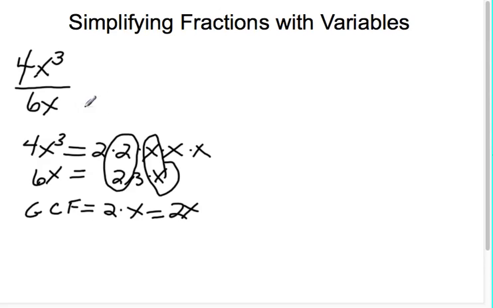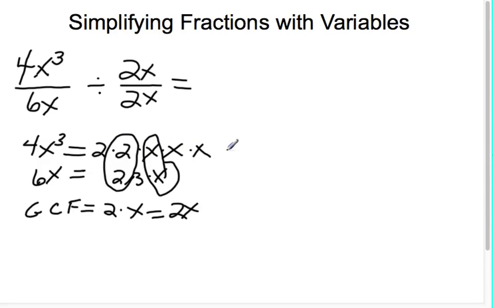Now I can go up to 4x cubed over 6x, and I can multiply by the giant 1, because I can always multiply by 1, in the form of 2x over 2x. If I look at 4x cubed and take out what's common, what do I have left?